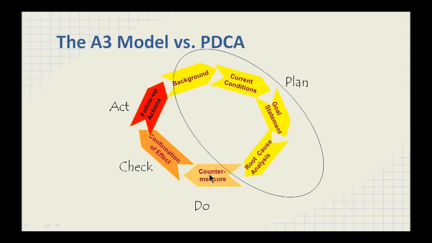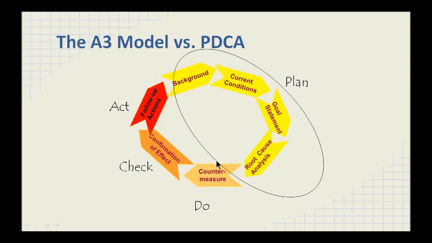So at least you will have one countermeasure per root cause. So if you have two root causes, you have to have at least two countermeasures, one for each. You can have more countermeasures, of course, but it helps to make sure that the countermeasures are effective, and that will be done, that will be tested later.